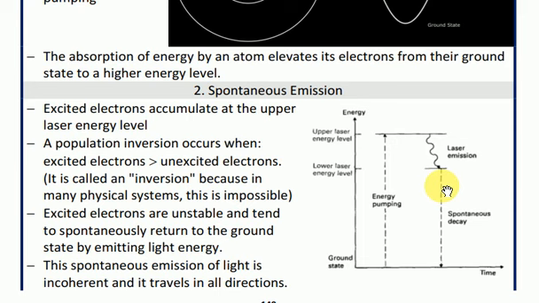Atoms are less stable in their lower laser energy state, so they can drop back to the ground state, and then they enter a new cycle.